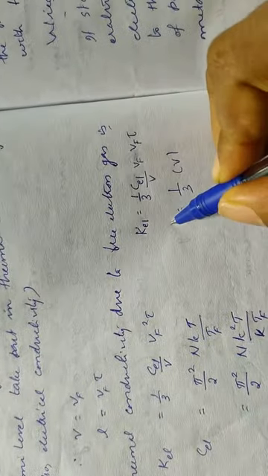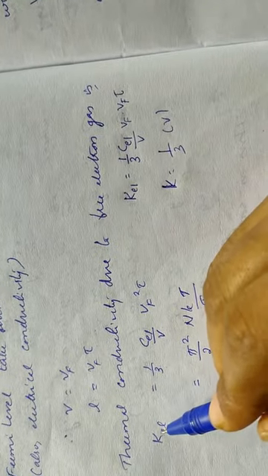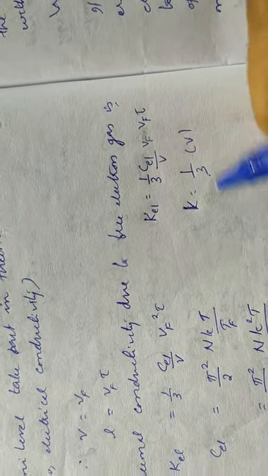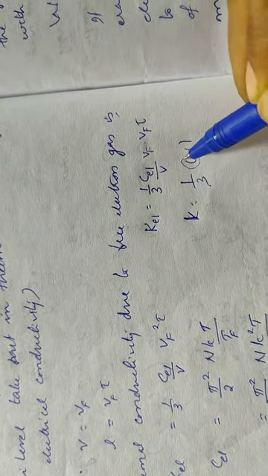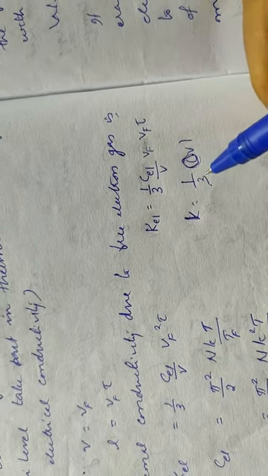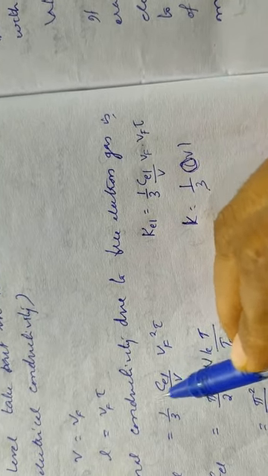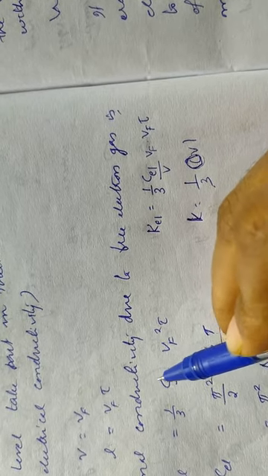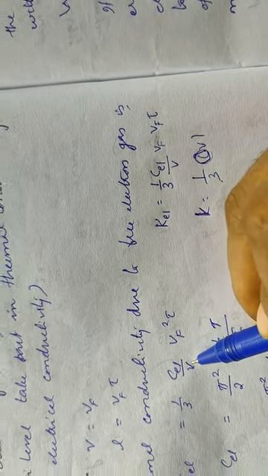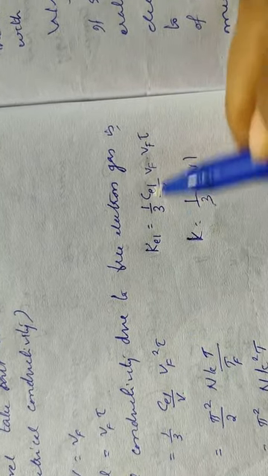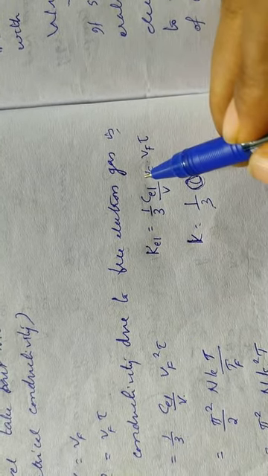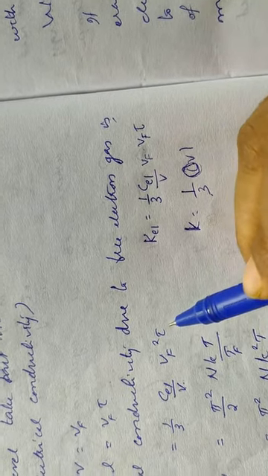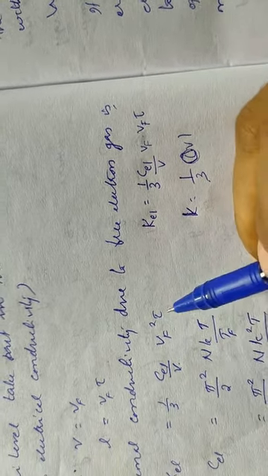So for electron gas we represent it with suffix EL: K_EL is 1 by 3 into the electron heat capacity per unit volume, C_EL by V, and for v we substitute Vf and for L, Vf into tau. So this is Vf square into tau, and the equation will become like this.